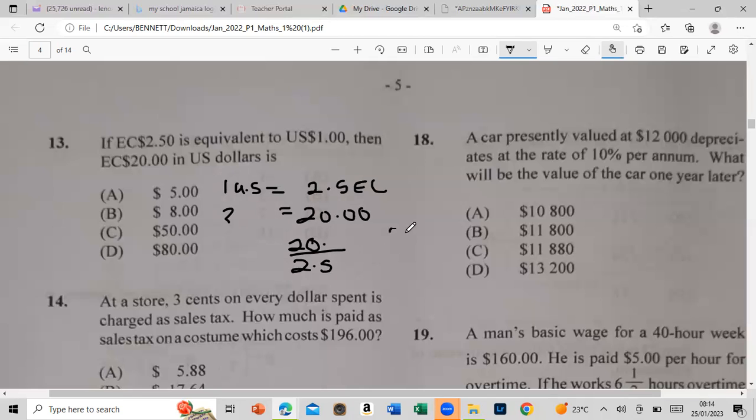So we're dividing 200 by 25. You know the rule when you're dividing by a decimal, right? We can't divide by a decimal, so we change it to a whole number. However, we have to do the same for this. The decimal point is here, so it becomes 200. And that should be 4 times 2, 8. So it's $8.